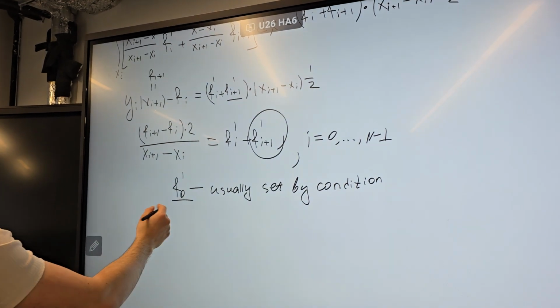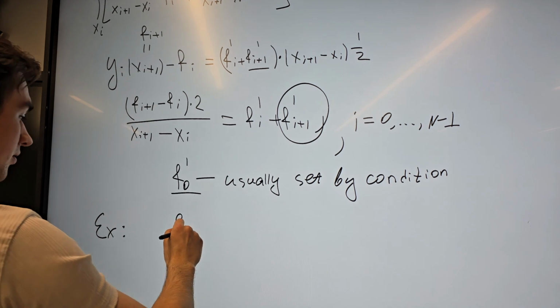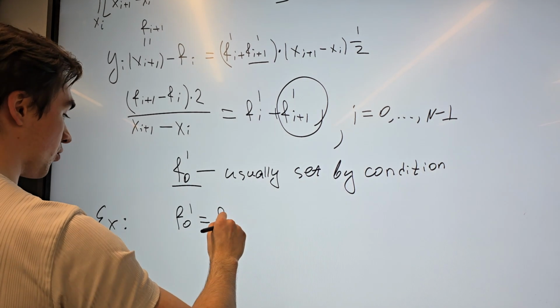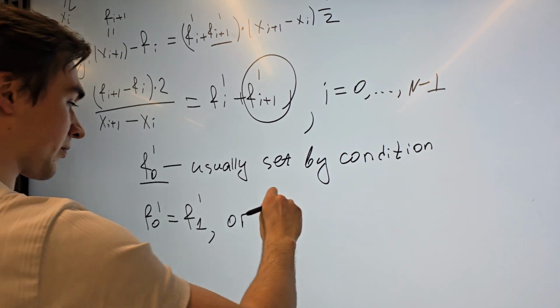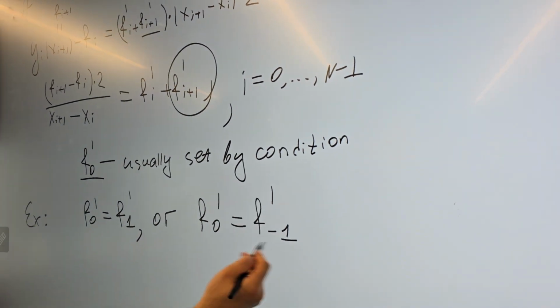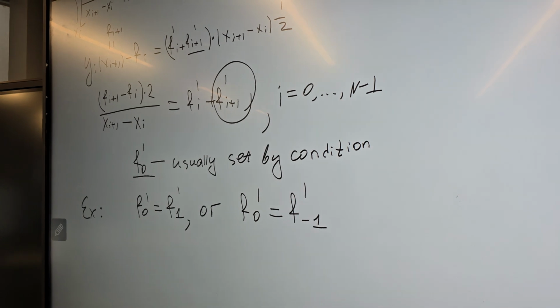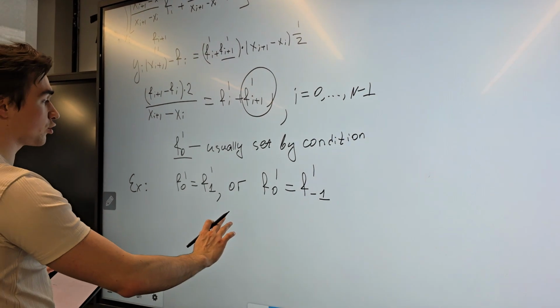Or you can make that, for example, f_0 prime is equal to f_1 prime, or f_0 prime is equal to f_{-1} prime, where minus 1 means that it's the last element, or some other conditions. It depends on your choice.